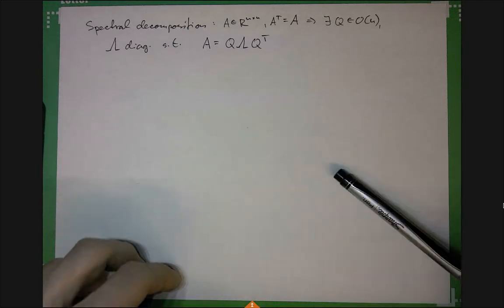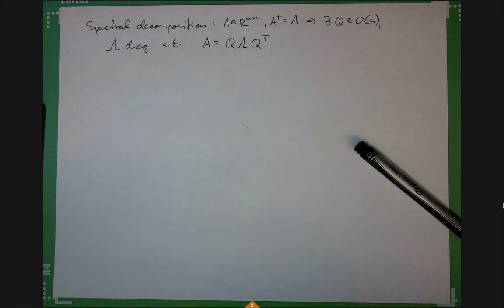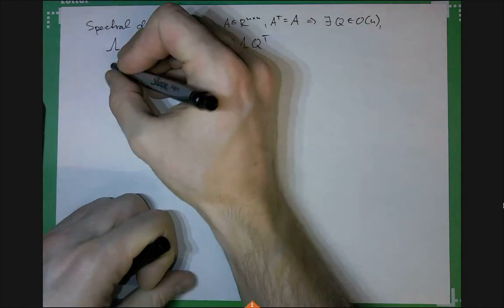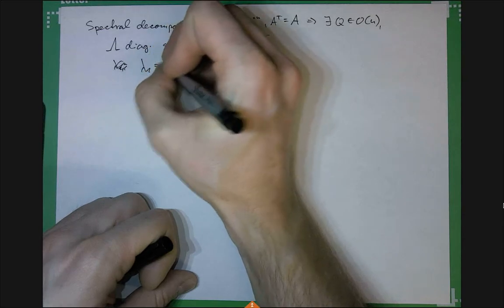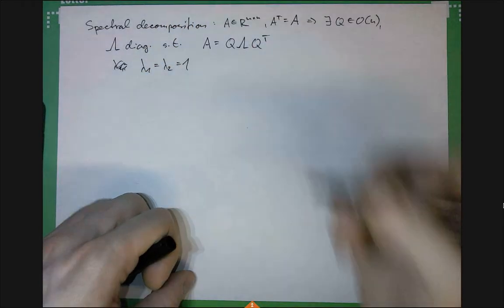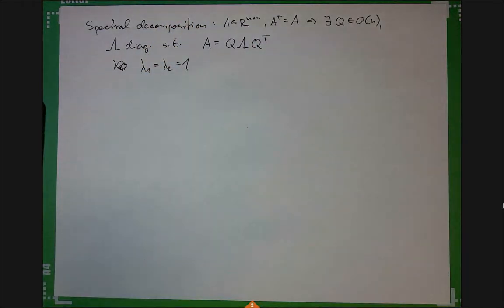The only catch with the repeated eigenvalues, if I have eigenvalues like lambda 1, lambda 2, all being 1, for example. So this is the case of repeated eigenvalues. The only thing I need to be careful about is that the eigenvectors don't automatically come out orthogonal, but I need to pick them and make sure that they are orthogonal. I can choose them so that they are orthogonal, but they don't have to be automatically.